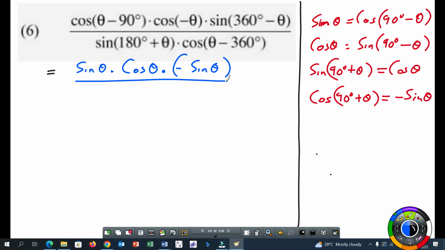Okay, by the way, this is very interesting. Next year, you do what are called compound angles. You see these equations here? They are for grade 12 trig. I could also simplify this using number 1, because there's a minus there. Listen carefully.